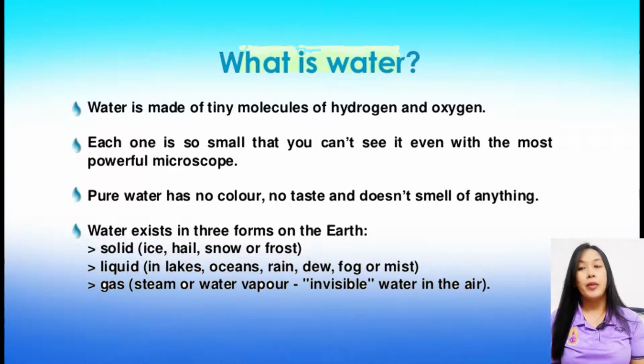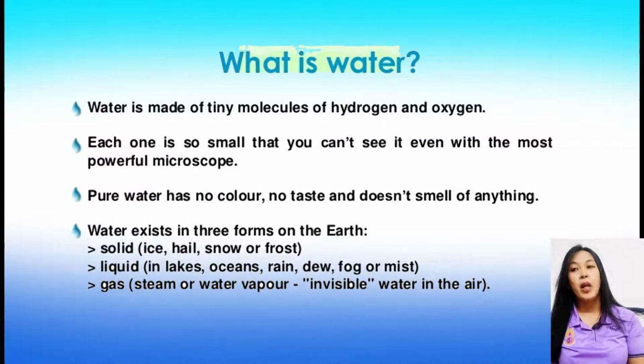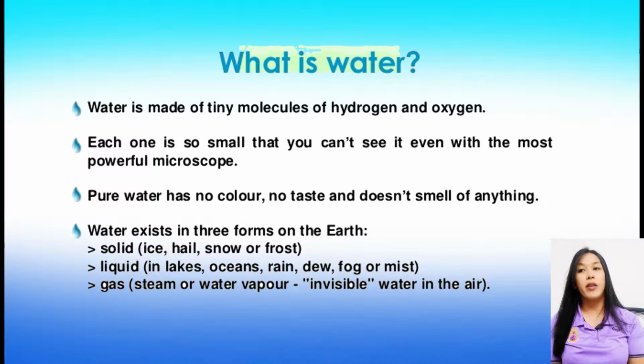Water exists in three forms on the earth. We have the solid form, which is ice, hail, snow, or frost. The liquid form, which is in lakes, oceans, water from the rain, dew, fog, or mist. It also has its gas form, which is steam or water vapor.